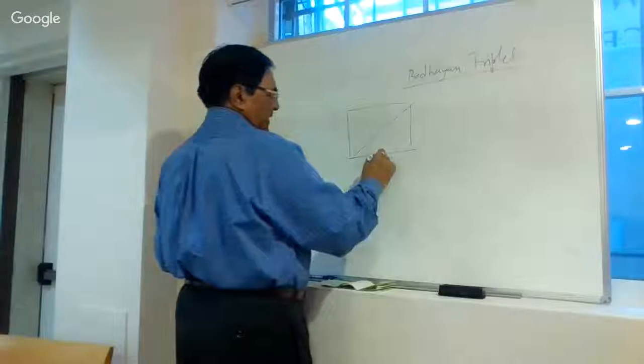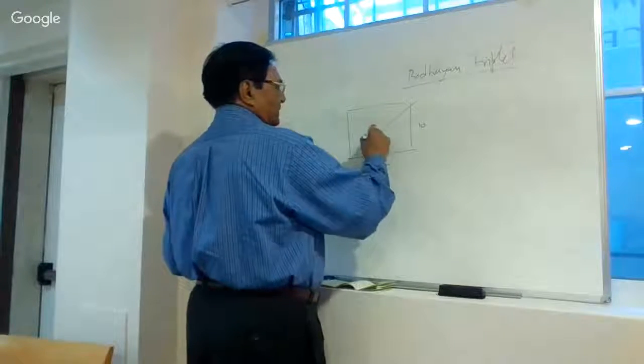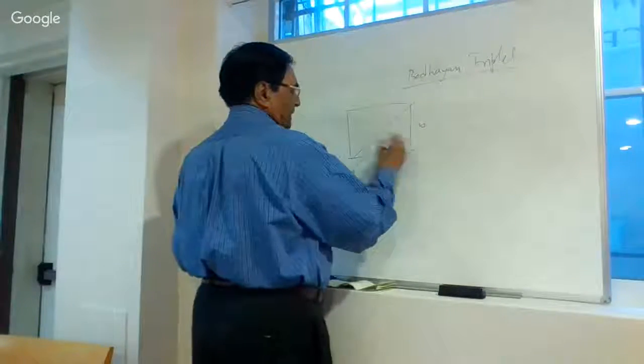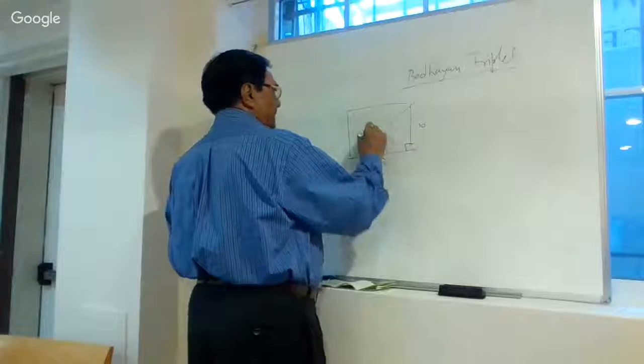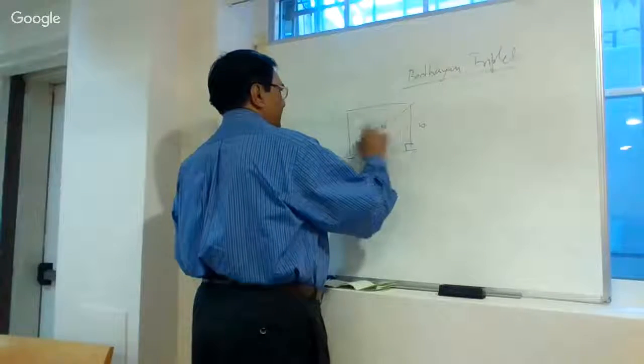If you want to find out, this one is A, this one is B, and this will automatically be 90 degrees, so it will be the square root of A squared plus B squared.